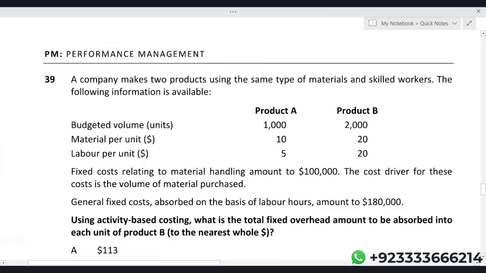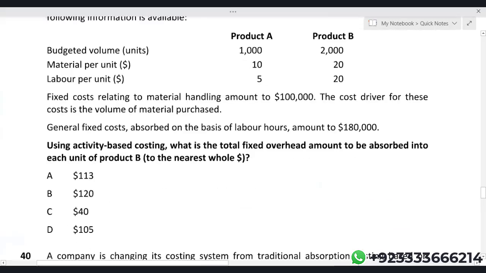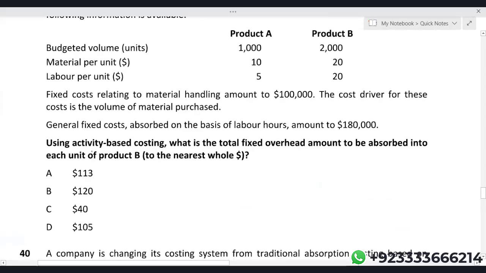Okay, now, next question. Using activity-based costing, what is the total fixed overhead amount to be absorbed into each unit of product B, to the nearest whole number?